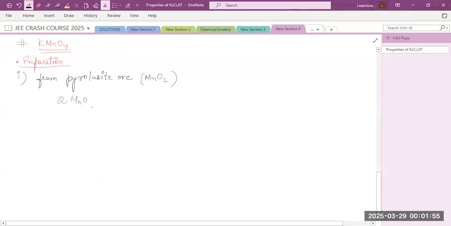So MnO2, in basic medium, in alkaline medium, with 4KOH and in the presence of oxygen, when you give heat and an oxidizing agent, potassium nitrate, which acts as an oxidizing agent, oxidation will occur and you will get K2MnO4 plus 2H2O.